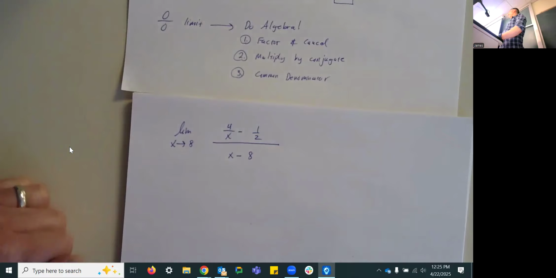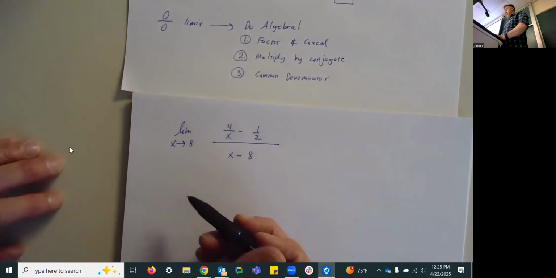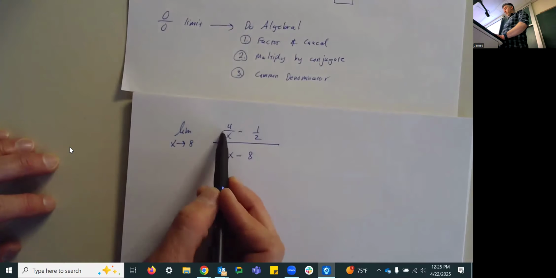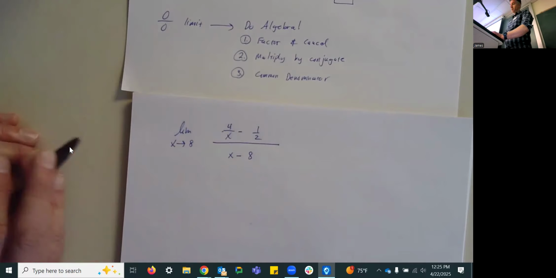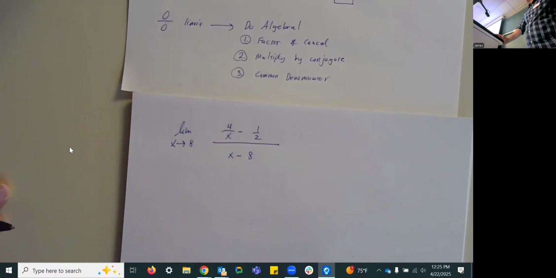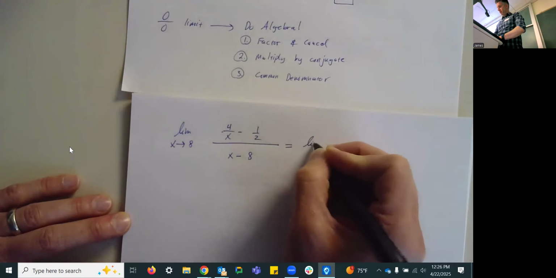And I would suggest starting by getting a common denominator in the numerator here by multiplying the 4 over x by 2 over 2 and the 1 over 2 by x over x. Start writing out the first step. You should feel free to work ahead.